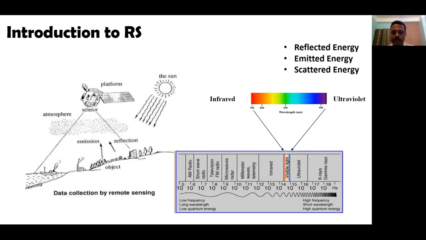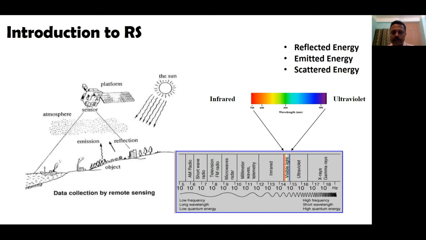But remote sensing does utilize this spectrum of wavelength, and we call it infrared remote sensing. Then if you go farther beyond infrared, we enter the microwave zone.